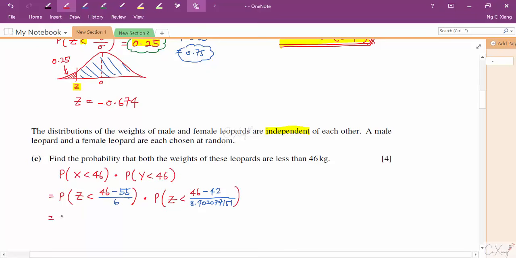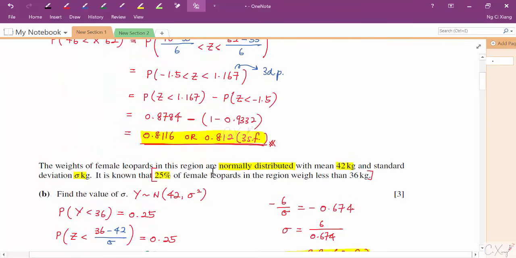And then I'm having z smaller than negative 1.5 multiply with z smaller than 0.449. So again, you can see that I'm trying to keep until 3 decimal places for the value of z, if I want to use it to find out the normal distribution table to get the probability. For the value z smaller than negative 1.5, we actually got the value earlier in part number 1, for the male tiger, sorry, male leopard.